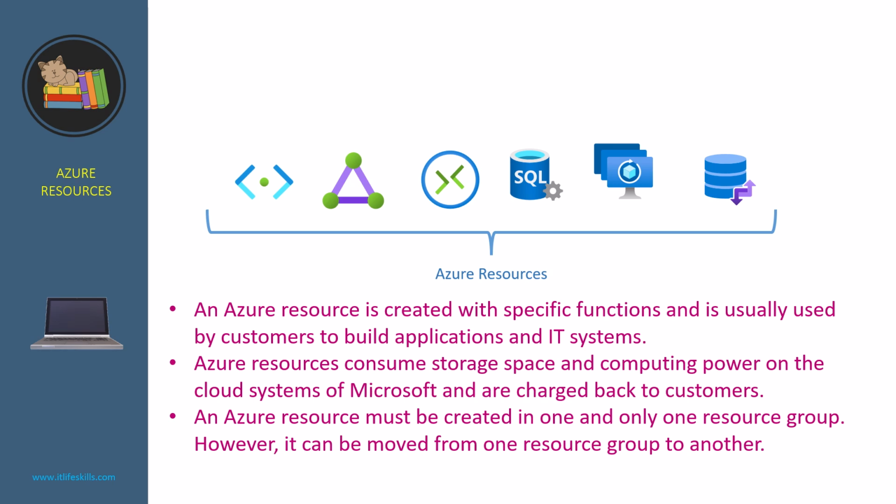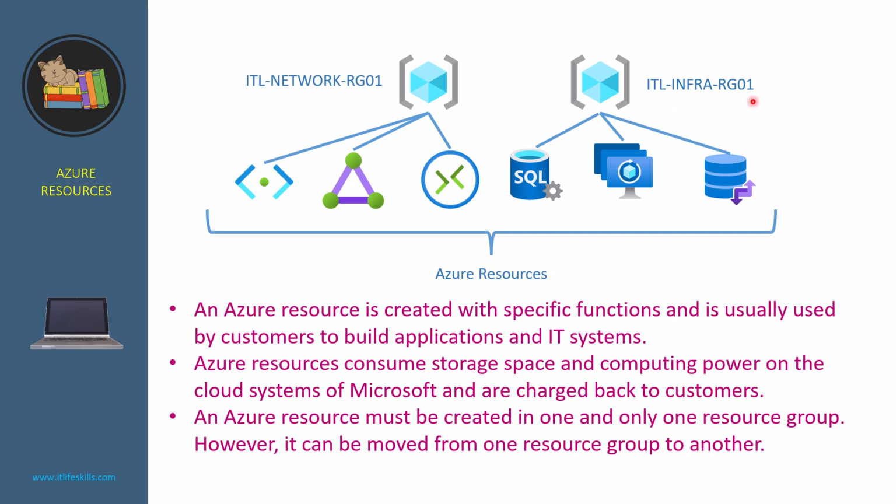For example, we can create these three Azure resources in the network resource group like this, and we can create these three Azure resources in the infra resource group like this. As you can see, each Azure resource can only exist in one resource group at a time.